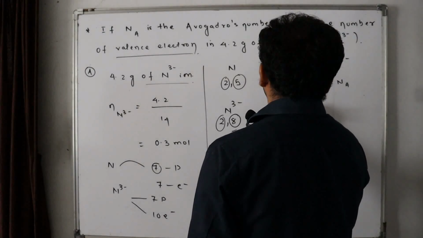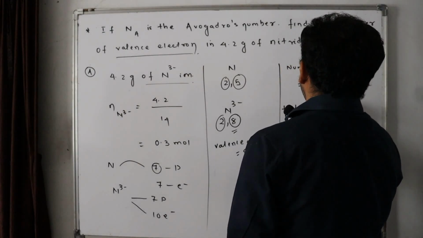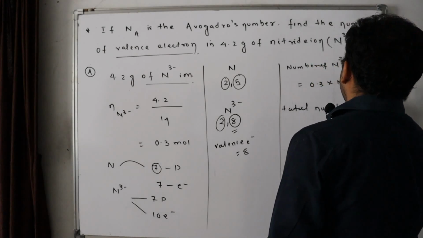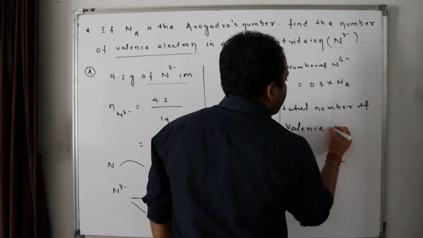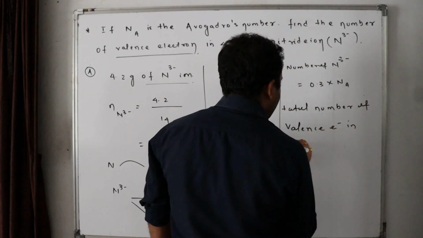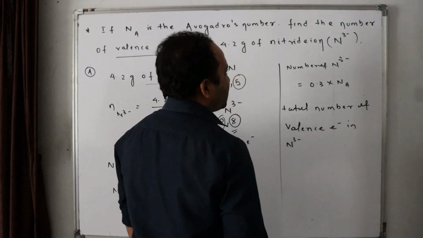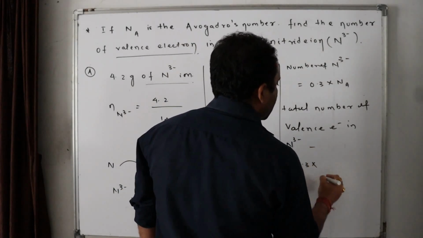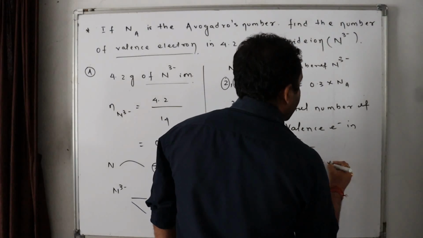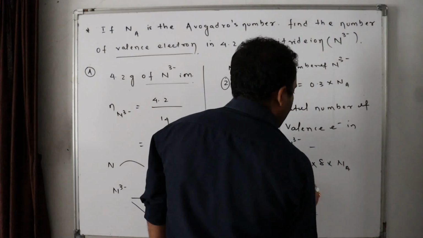So the total number of valence electrons in N3 minus 4.2 gram is 0.3 into 8 into Na.